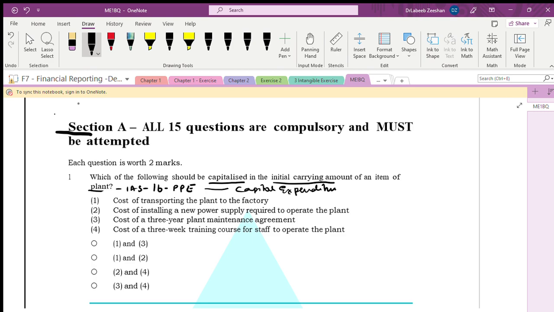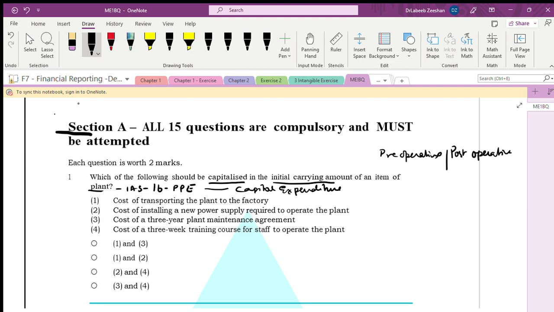When you say capital expenditure, we have pre-operative and post-operative expenditure.